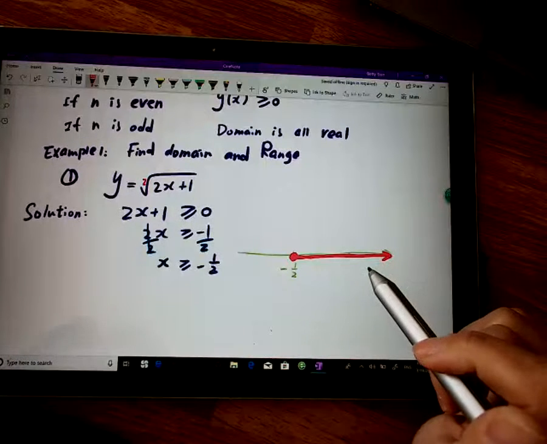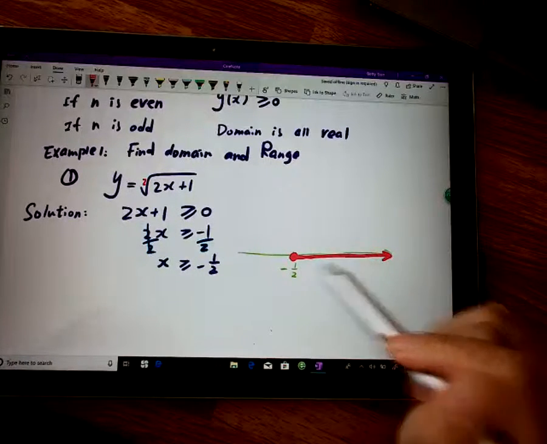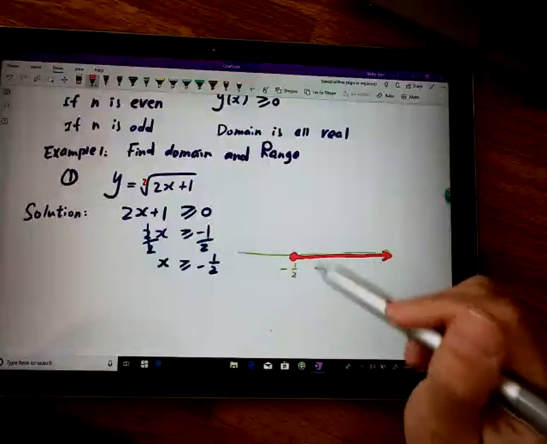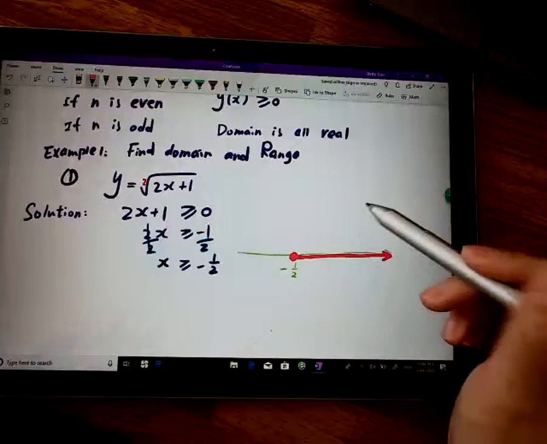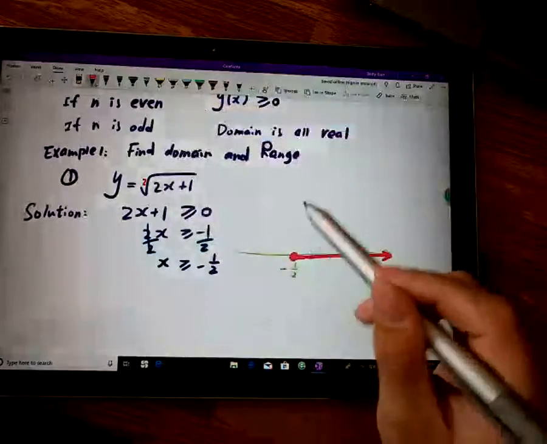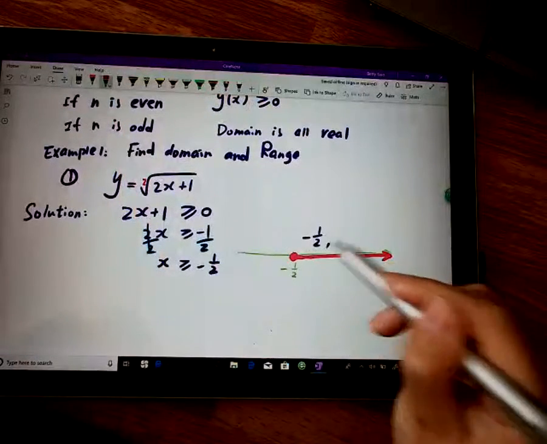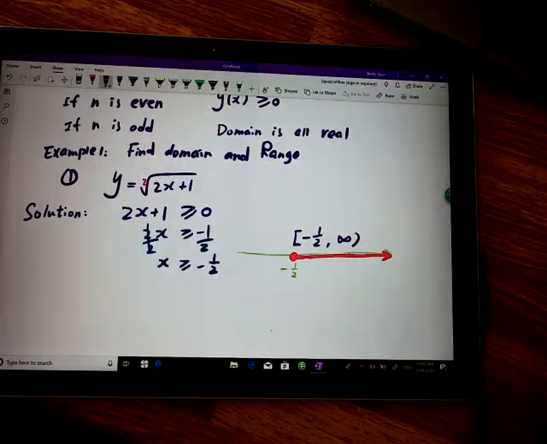Remember, how do we define interval? An interval is one single piece on the real number line without any disconnections. You don't have holes, you don't have any breaks in the middle, so that is one piece. That piece has the left endpoint negative half and right endpoint positive infinity. We apply a bracket to frame negative half because it is included.